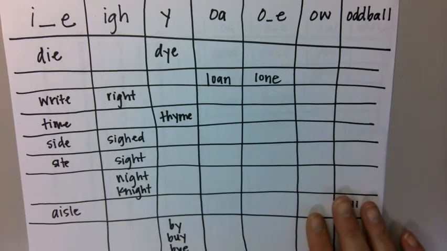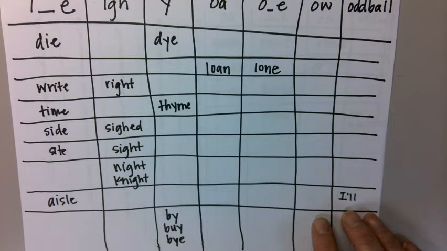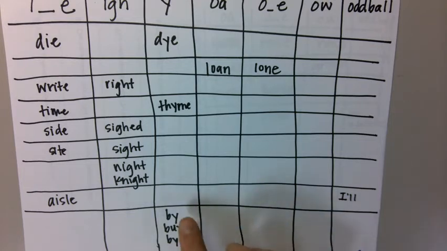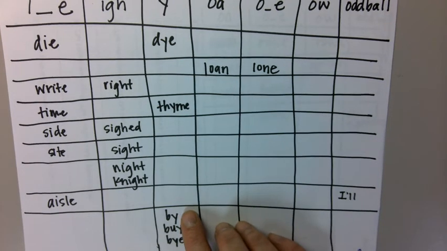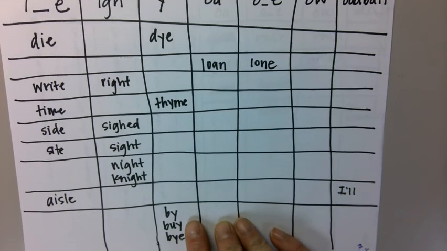And finally, we have 3 more homophones that fall into the Y header. By, buy, and bye. This by is a preposition, meaning that the dog sat by the couch, next to. This buy means I'm going to buy something.